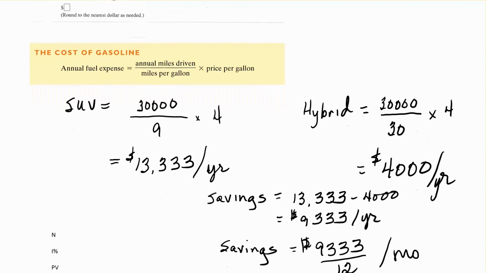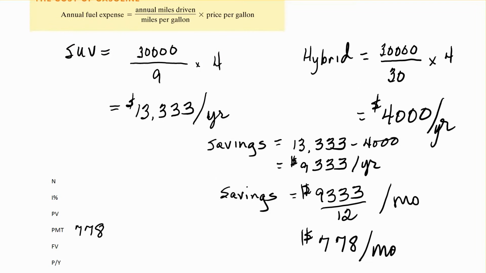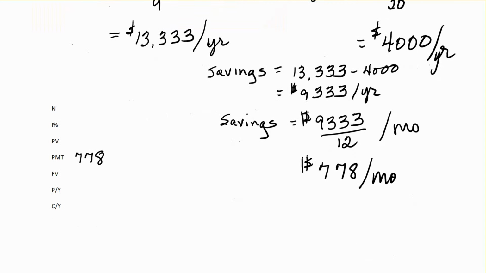I'm going to do this for 5 years. All right, 5.2. The present value, I don't have any money yet. I'm starting my savings. My future value is what I'm looking for. And we're going to do this on a monthly basis, for 5 years, so it's 5 of those 12s. And I'm going to see what I have at the end of 5 years if I put my monthly savings into this annuity.